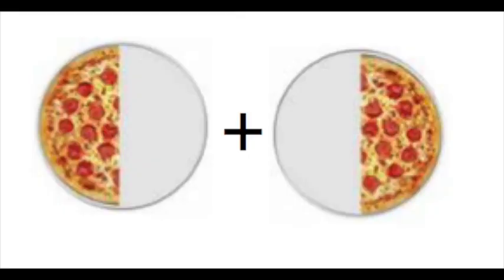So this one's tricky, it's a bit different, but if you're adding 1/2 of a pizza with another half a pizza, do you remember what you get? Take a second to decide.